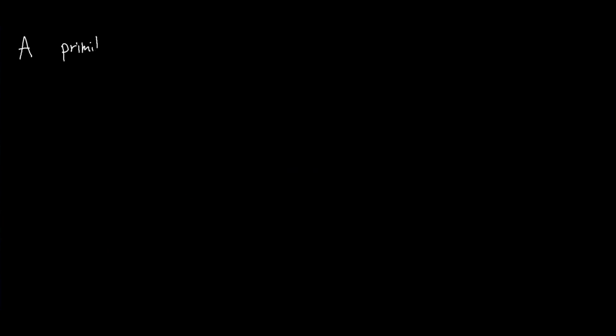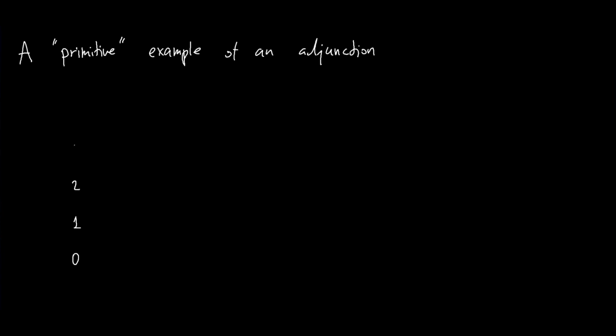Let me call it a primitive example of an adjunction. Zero, 1, 2, 3, 4, and so on.